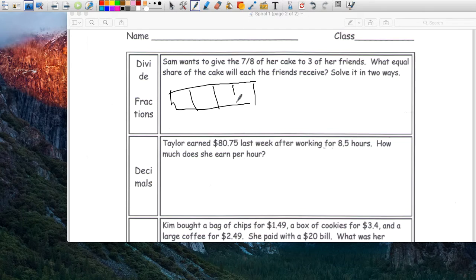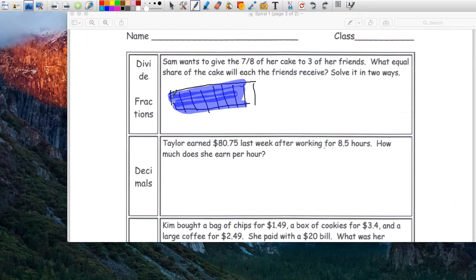So if you're going to show it, 7/8 of a cake, something like this. I want to cut it, and 3 friends want to share it. 3 doesn't go into 7 evenly, so let me cut this in 3 parts.